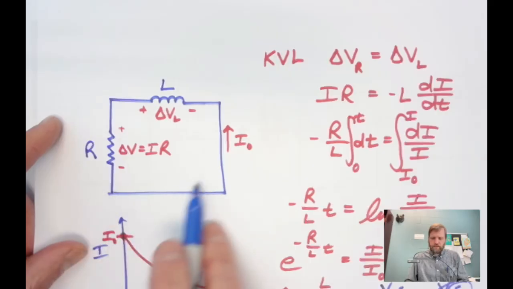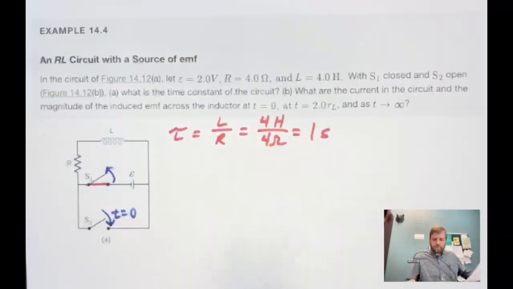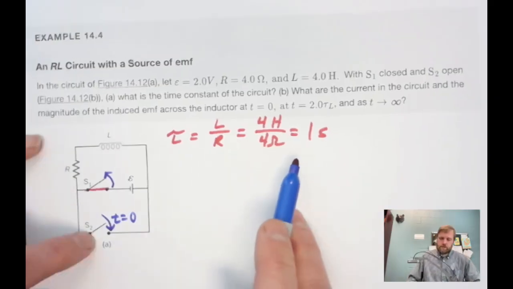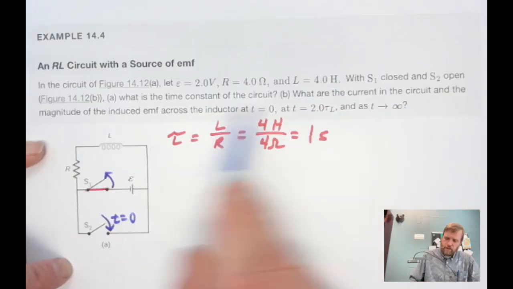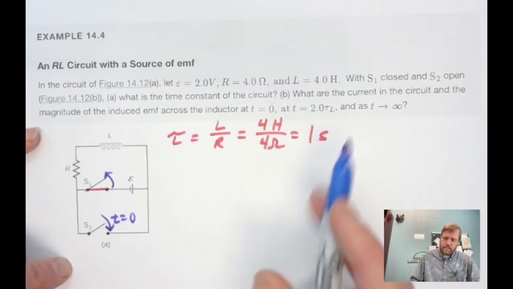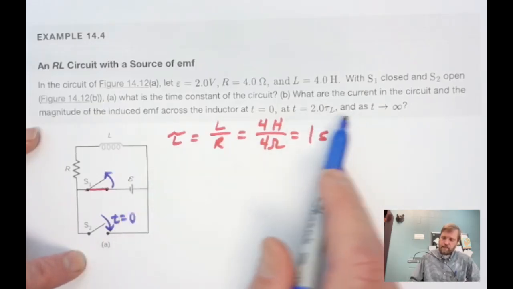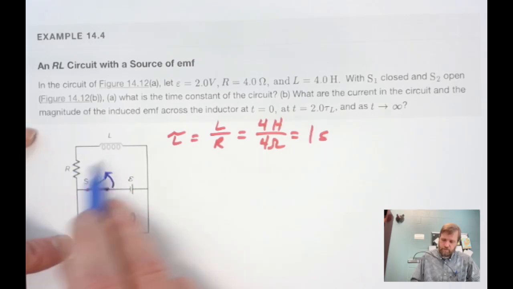Right? We get this circuit when that happens. Okay? So we're going to look at this. B, what are the current in the circuit and the magnitude of the induced EMF across the inductor at these different times? All right, so we need to cast the equation in terms of what's given.